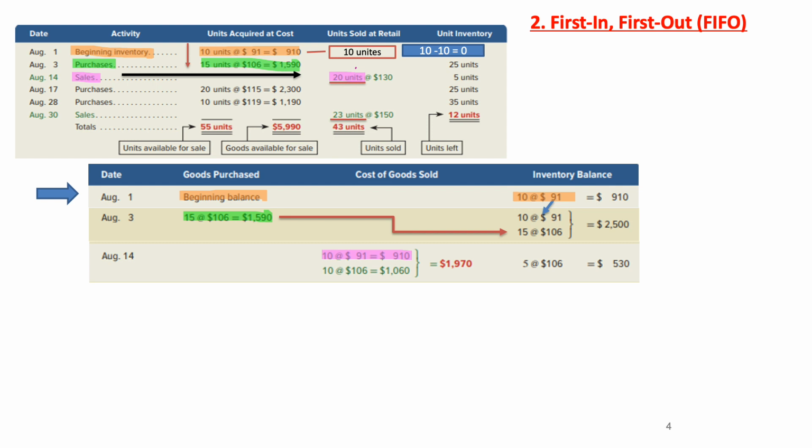Why should I put the information in the cost of goods sold? Because the company made sales. I sold 10, but the company told me they sold 20. So I took 10 from the beginning inventory, and I'm going to take another 10 from the purchases of August 3rd. The purchases of August 3rd include 15 units, and now I'm going to sell 10 units, which means I have a balance of 5 units from the August 3rd purchases.